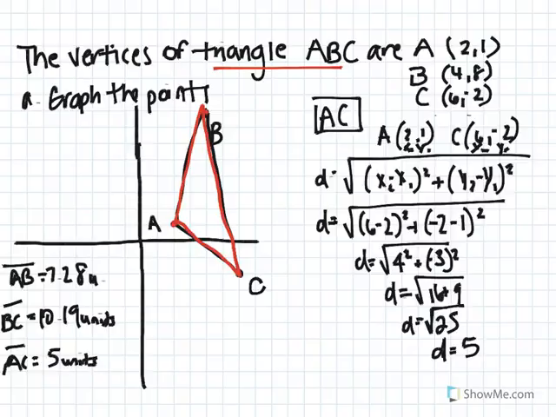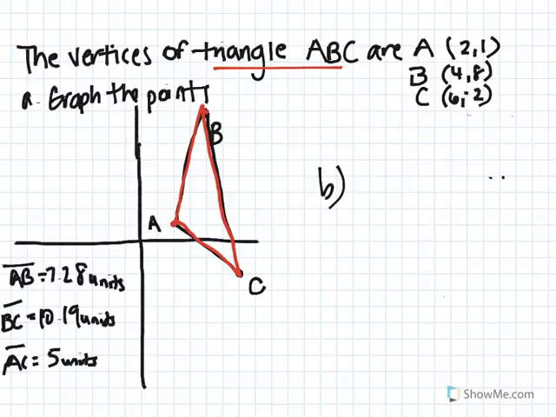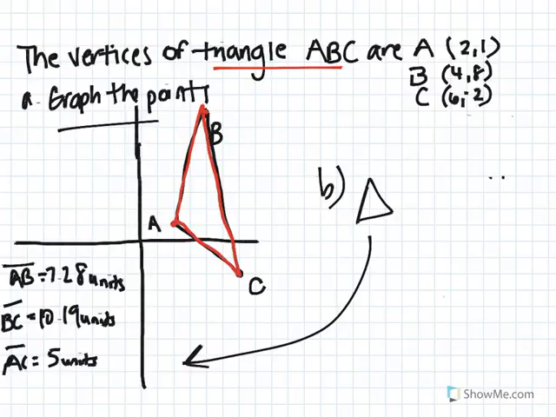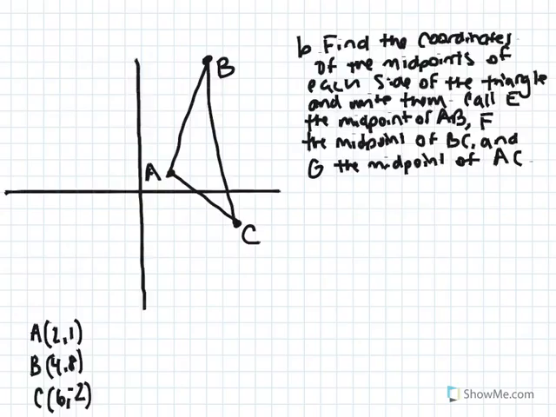All right, so I have used the distance formula to find the lengths of the three sides of the triangle, and they are right over here. So we answered part A, which was graph the points, and part B, which was find the lengths of each side. Now, let me just rewrite my lengths.